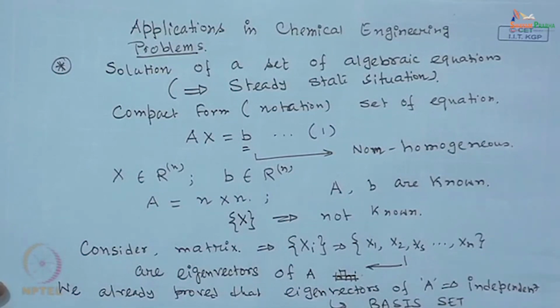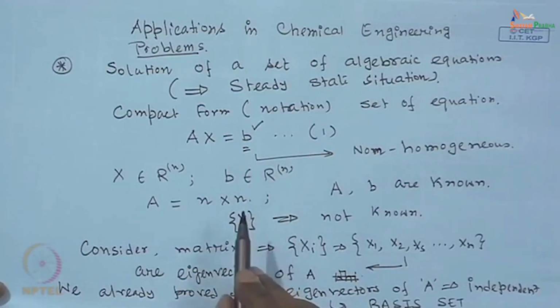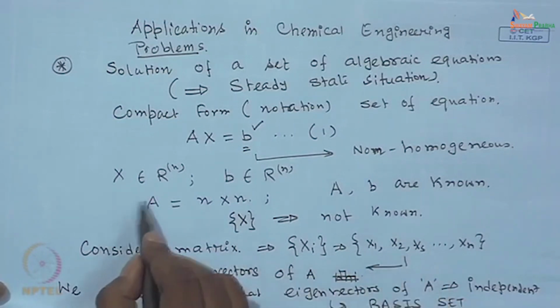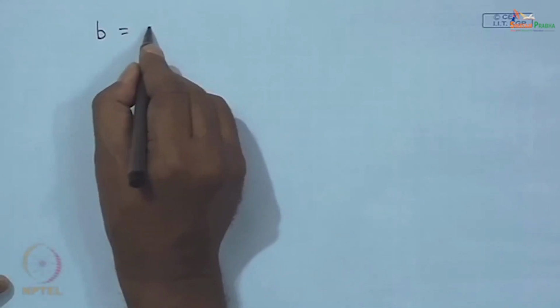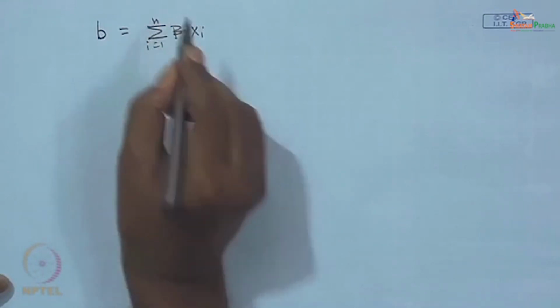That means any other vector in the space can be written as a linear combination of these independent eigenvectors. Therefore, the vector B in equation number 1 can be expressed as a linear combination of eigenvectors of the matrix A. So, let us express the vector B as a linear combination of eigenvectors, i equal to 1 to n.